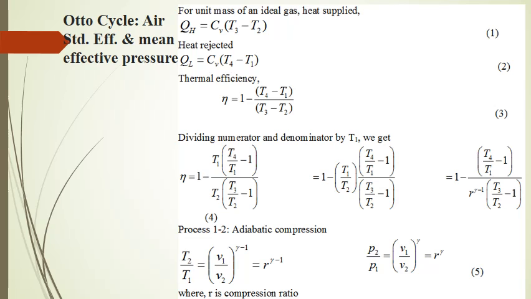As you know, in the case of an actual engine, the pressure varies drastically. If we take the example of a 4-stroke engine, the pressure varies from 1 bar or even lower to 70 or 80 bar, because in the 4-stroke engine all the processes take place in 2 revolutions of the crankshaft, or you can say 720 degrees of crank travel.